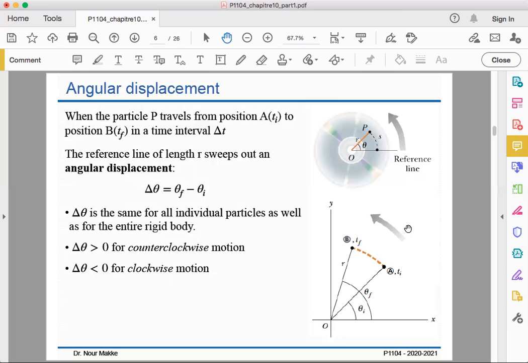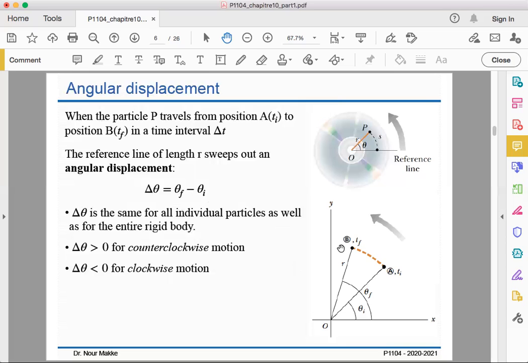Now, if the disk has rotated through a given angle delta theta, then that means that the particle P will travel through this arc of circle. The radius of the circle is of course the same, it doesn't change, and at the time T final it will end up with a position defined by the angle theta F with respect to the reference line, that is the x-axis. And so we said that the reference line of length r has swept out an angular displacement delta theta, which is equal to theta final minus theta initial.